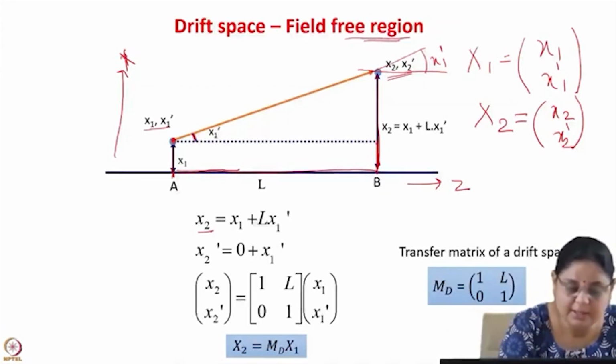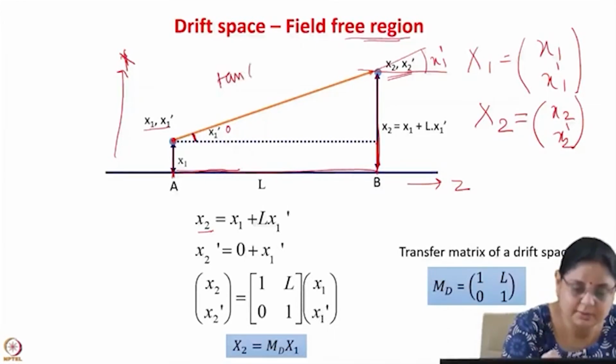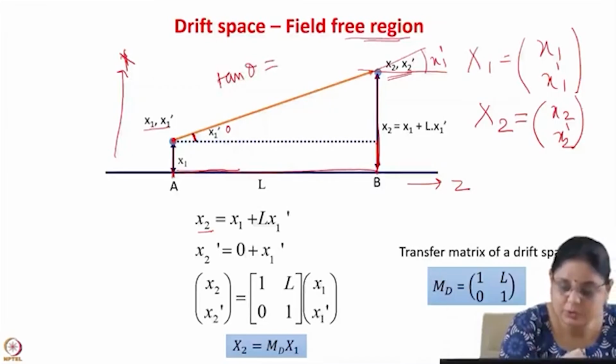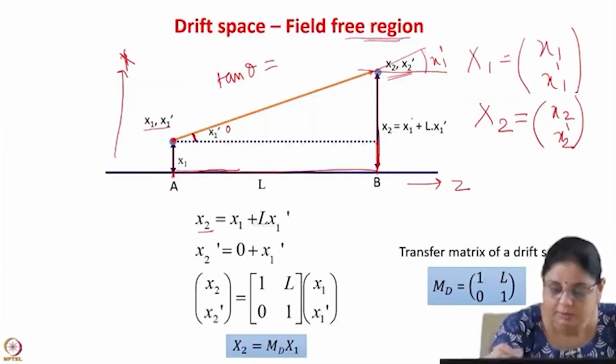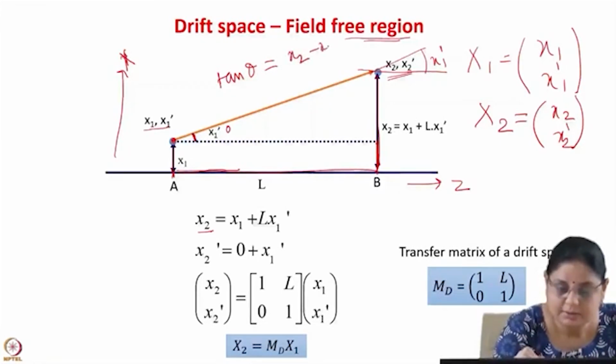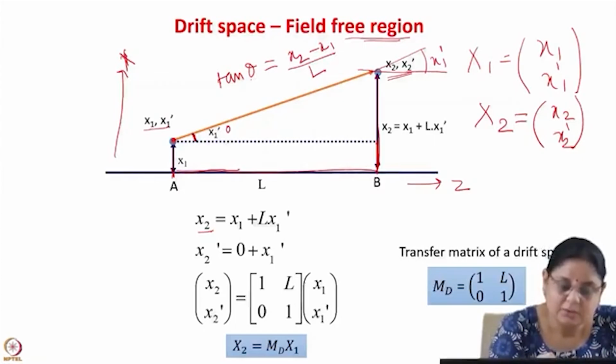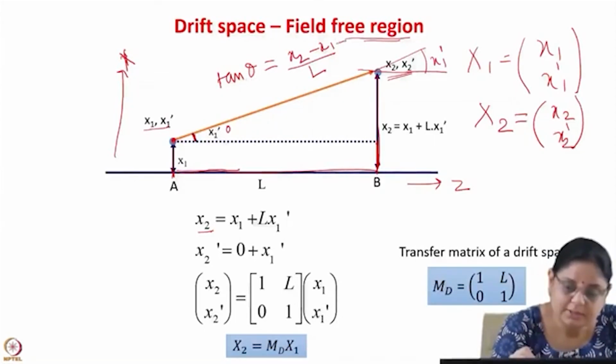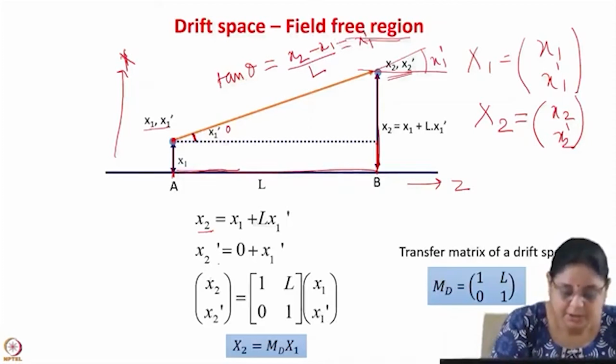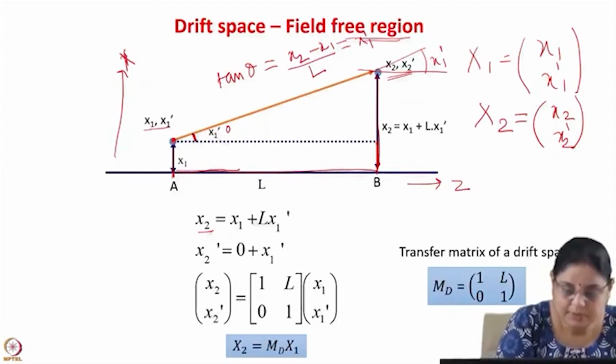This angle is theta, so tan theta is equal to (x2 minus x1) upon L. Since theta is small, theta is equal to x1 prime. So from here you can write x2 is equal to x1 plus L x1 prime.